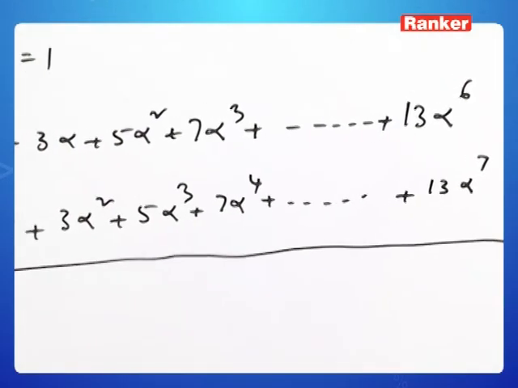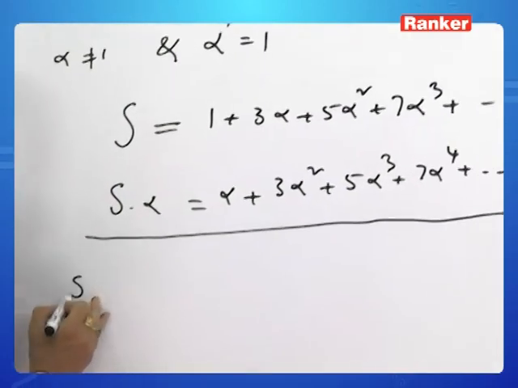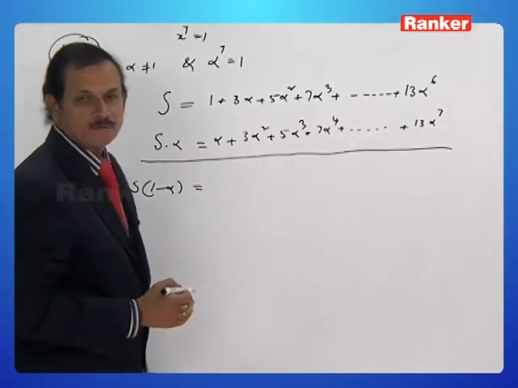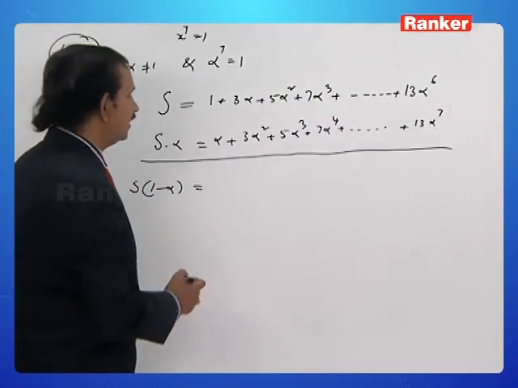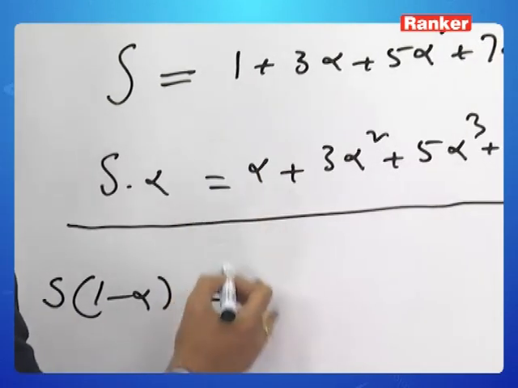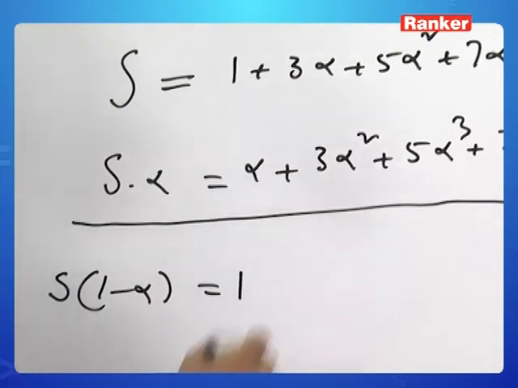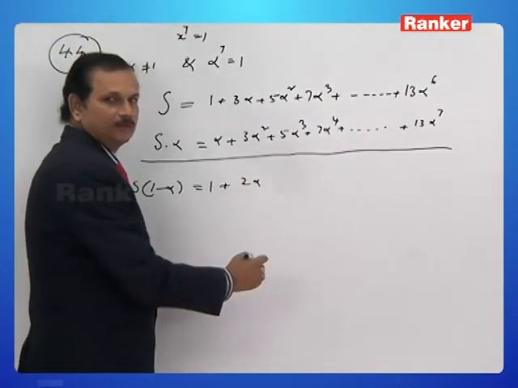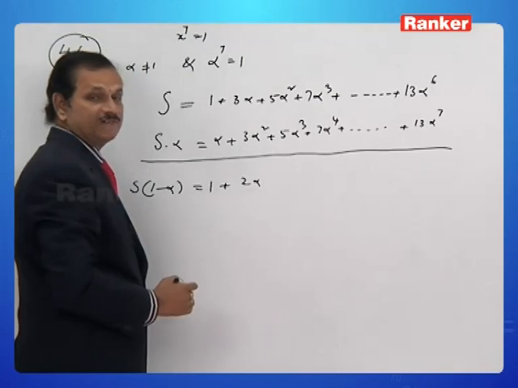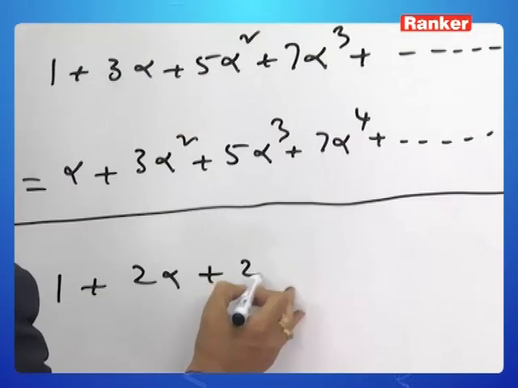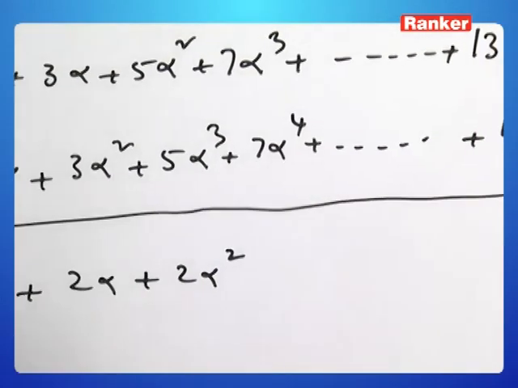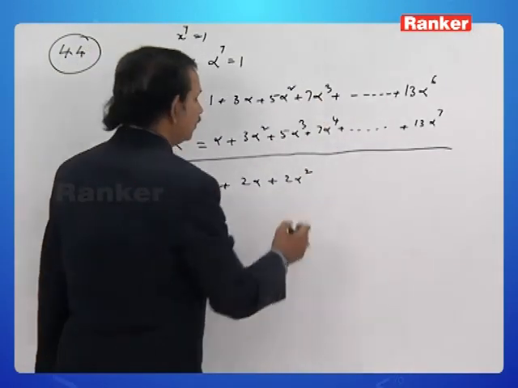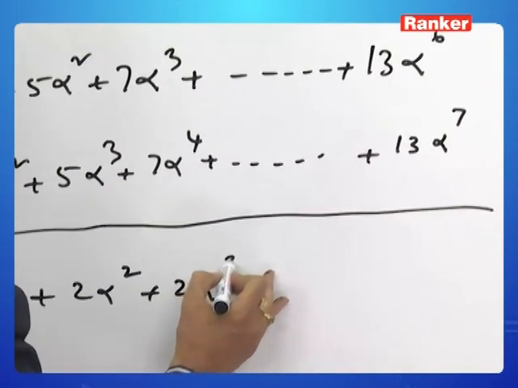Let me now just subtract. What is S minus S alpha? S into 1 minus alpha. 1, no more constant is here, 1. 3 alpha minus alpha, 2 alpha. 5 alpha square minus 3 alpha square, 2 alpha square. 7 alpha cube minus 5 alpha cube, 2 alpha cube.